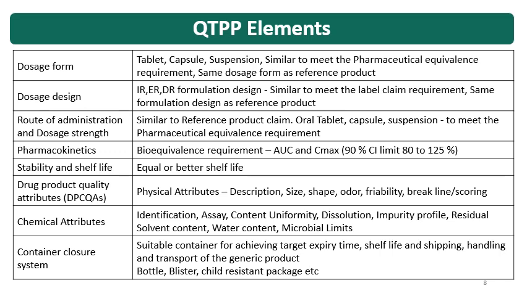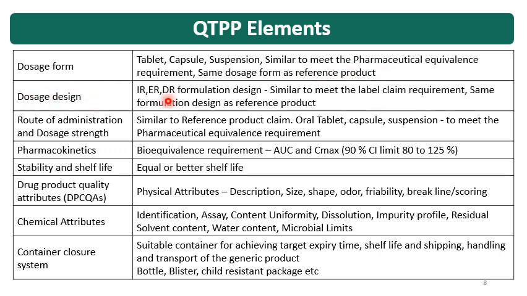That's why the dosage form, dosage design, route of administration, pharmacokinetics, stability and shelf life, drug product quality attributes, chemical attributes, container closure, and many others should be in line with the innovator formulation. So coming to the dosage form, it may be tablet, capsule, suspension, and these are required to be similar to meet the pharmaceutical equivalence requirement, the same dosage form as the reference product.